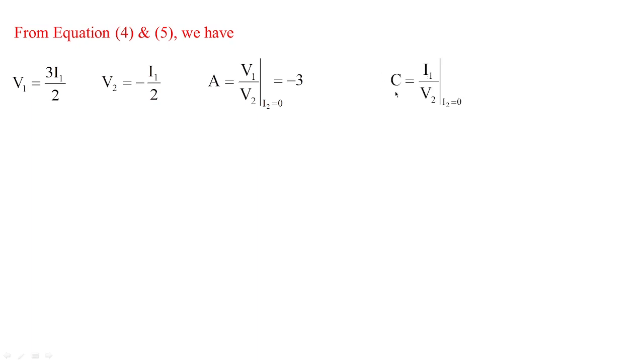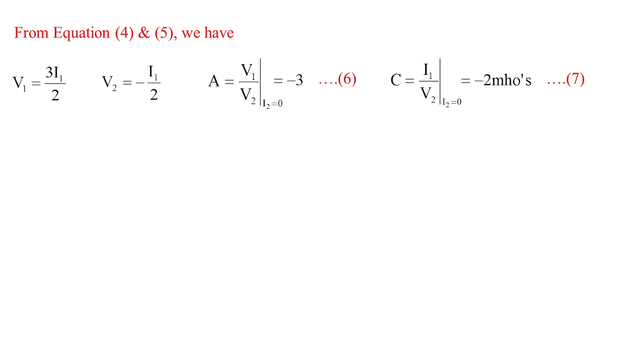Also, we require C, which is equivalent to I1 by V2 at I2 equal to 0. From inspection, we get the value of C, which is minus 2 mhos, or you can say Siemens. So we have found the values of A and C. Let me treat these as equations 6 and 7.